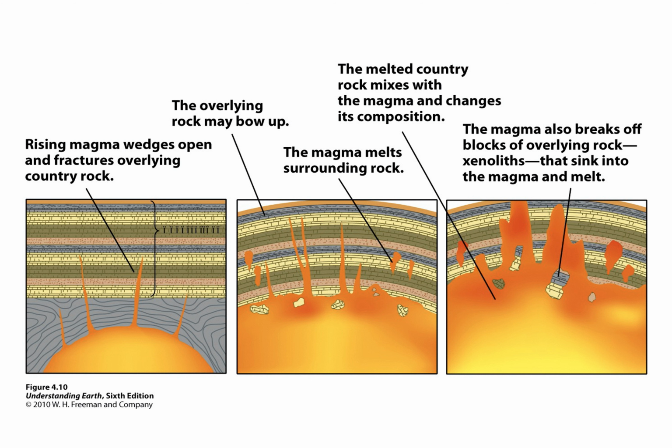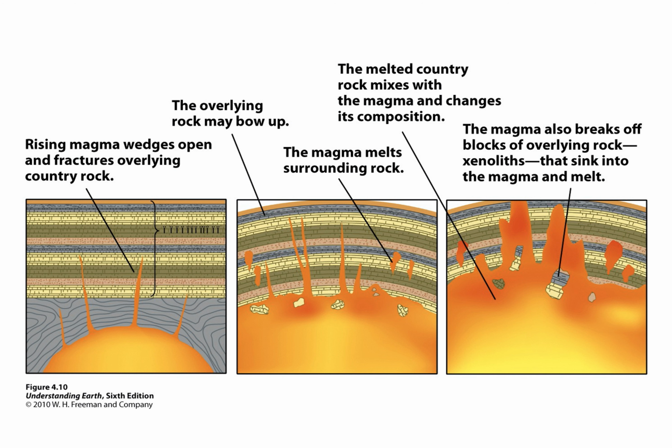On our last picture, on the right hand, we have the melted country rock, and that mixes with the magma and changes its chemical composition.